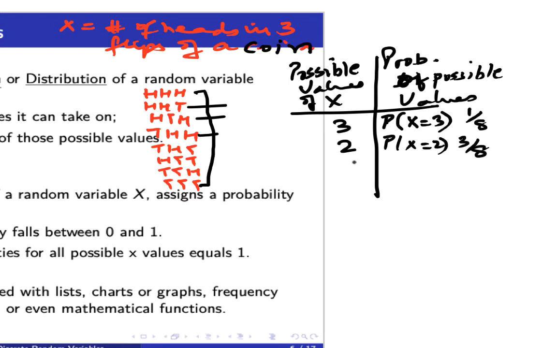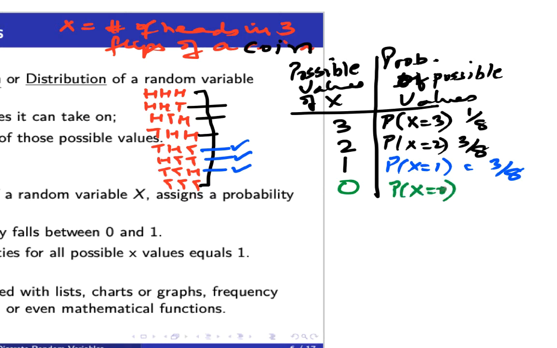Now if there is only one head, how many possible scenarios? 1, 2, and 3. The probability when this random variable has only 1 head is again 3/8. Now, there is a scenario where not a single head appears. That means the possible value is 0. So what's the probability that not a single head appears? It's again 1/8.